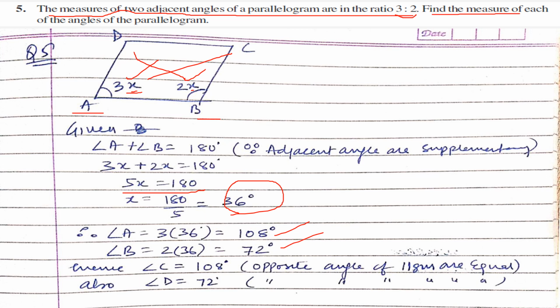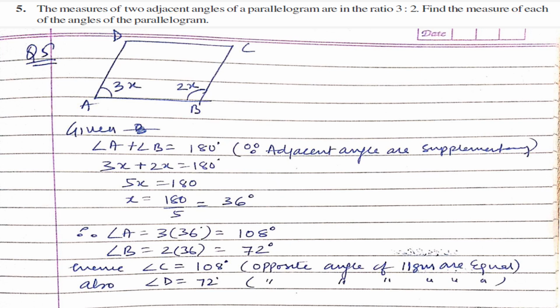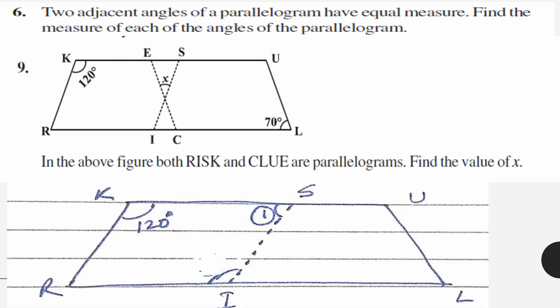Now see this question. Two adjacent angles of a parallelogram have equal measure. In the last case the two adjacent angles were in the ratio 3:2, and we assumed them as 3x and 2x.